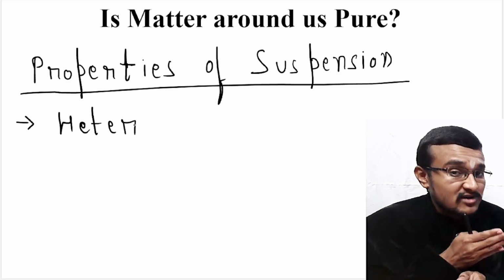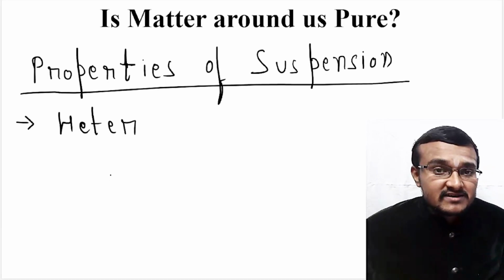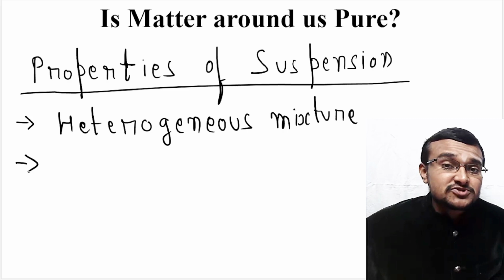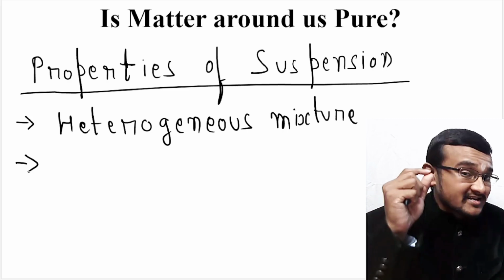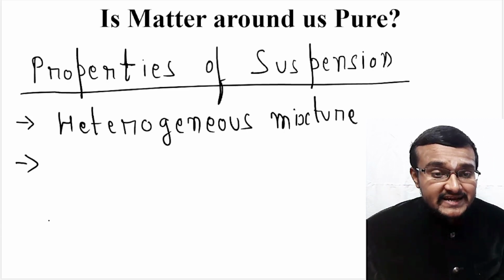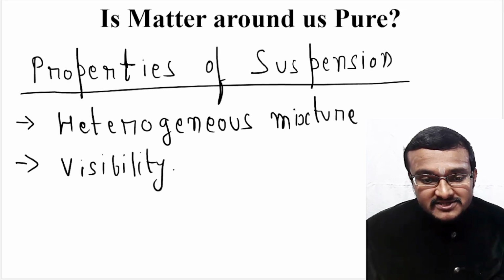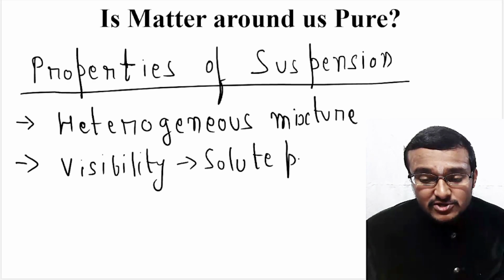So solution will be a homogeneous mixture, but suspension will be a heterogeneous mixture. In solution, the solute particles will not be visible to your naked eyes, but in suspension, the solute particles will be visible to our naked eyes.